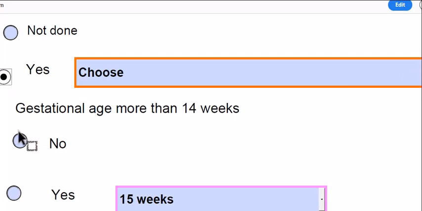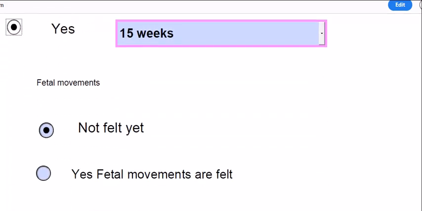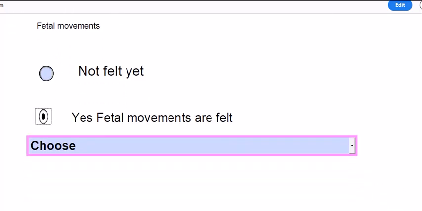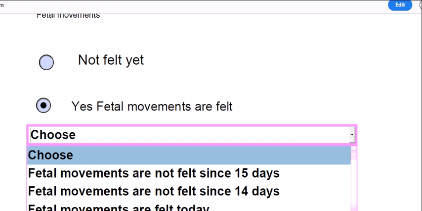And then we have to differentiate whether the patient has a pregnancy of less than 14 weeks or more than 14 weeks. If she is more than 14 weeks, we can ask her if she is reaching 16 weeks or more, does she feel fetal movements or not, and how are the fetal movements per day.